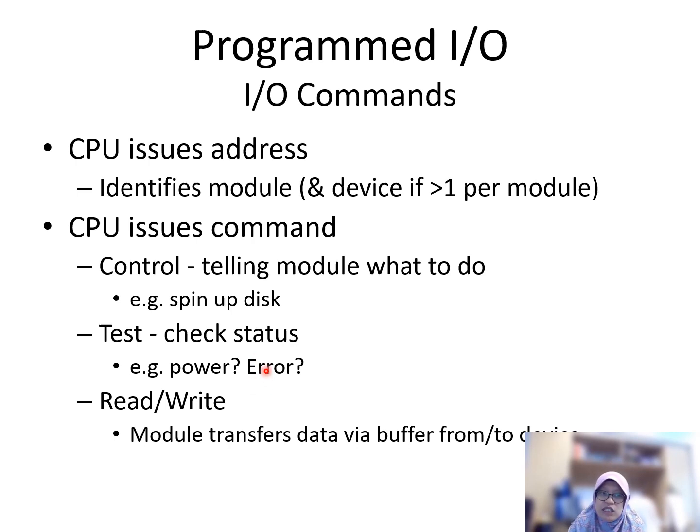That is the test command. And then read and write. Read causes the I/O module to obtain an item of data from the peripheral and place it in the internal buffer. For write, it will cause the I/O module to take an item from the data bus and subsequently transmit the data to the peripheral.